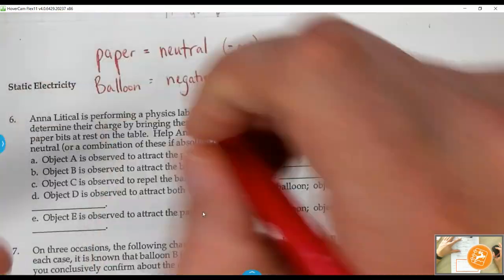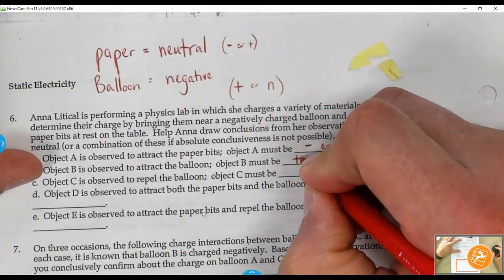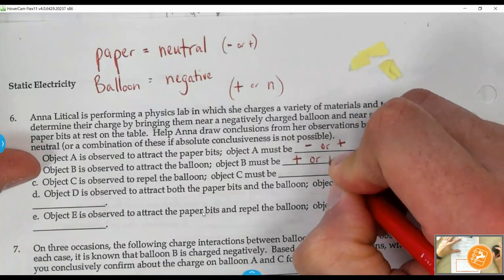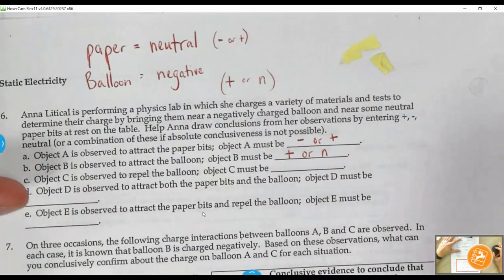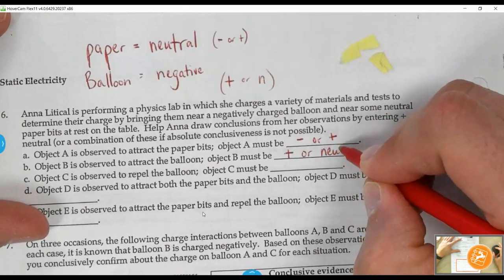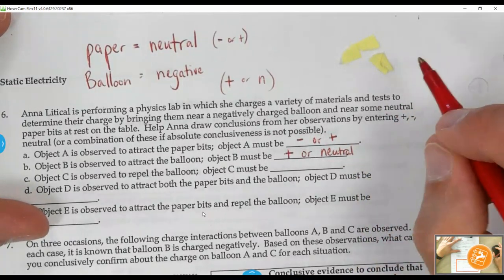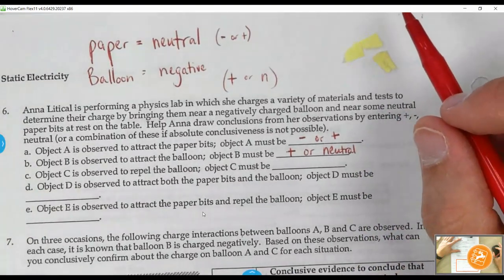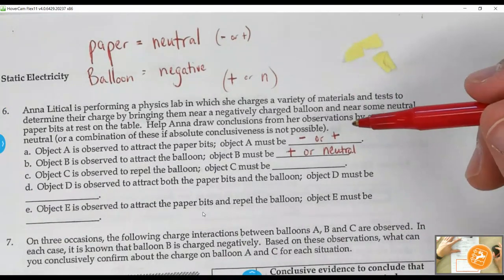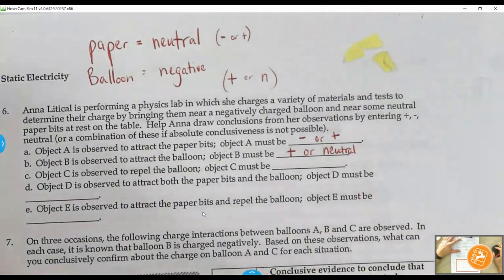Well, we can say that it is positive or neutral. Positive or neutral. What about C? Object C.